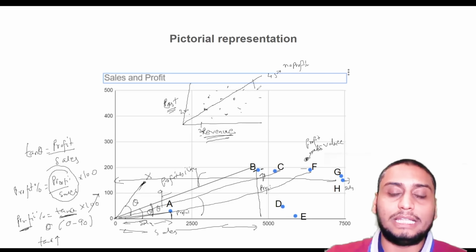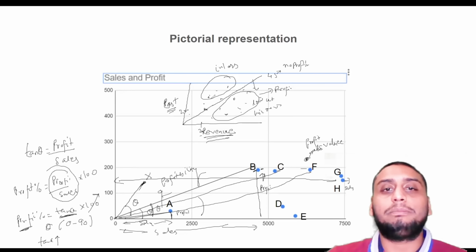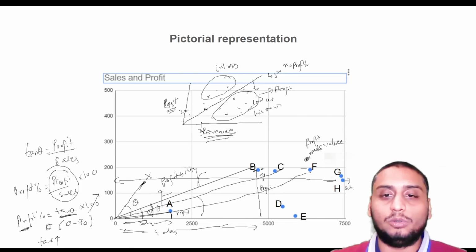Whoever is below this line has a lower cost and higher revenue, so these companies are all profitable. And whoever is above this line is simply in loss. So simply by drawing a 45-degree line, you are able to know. The answer to the question is B.